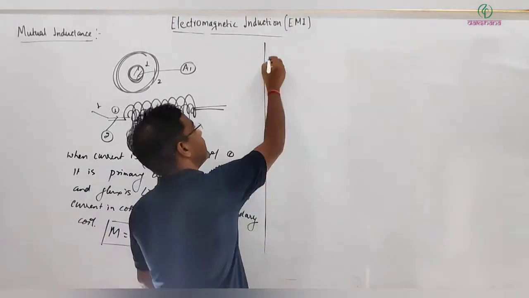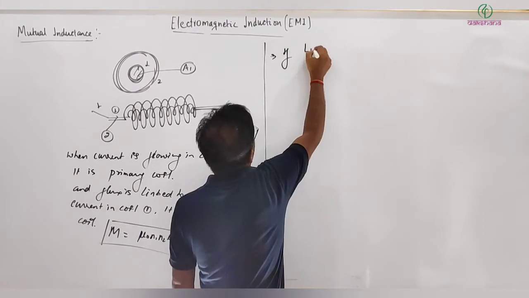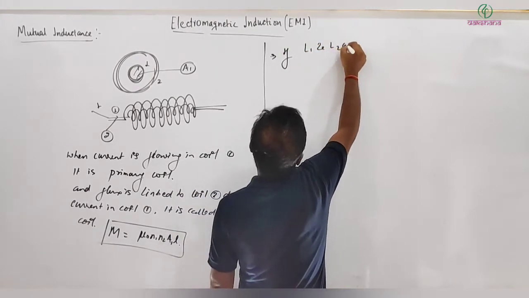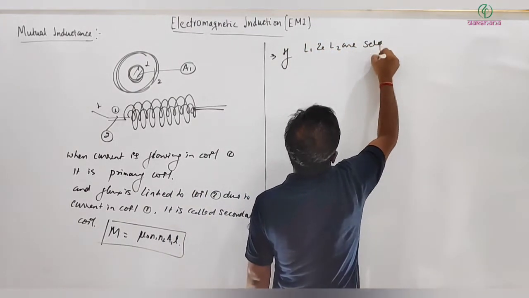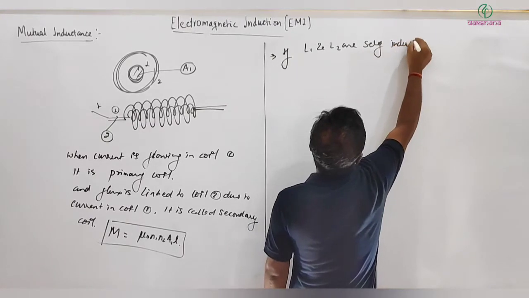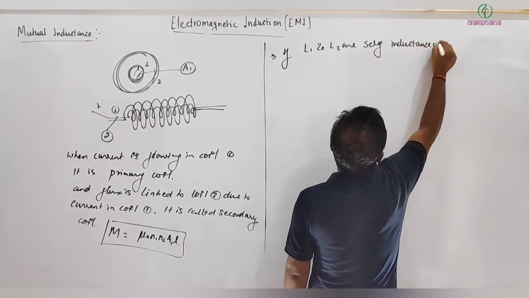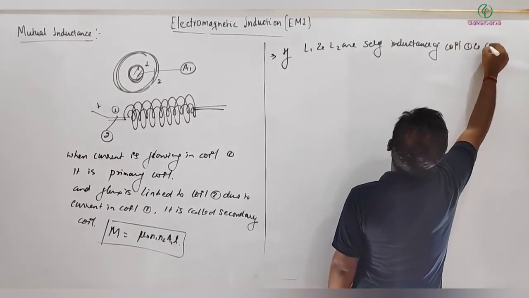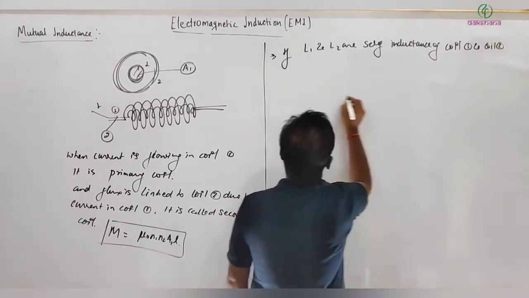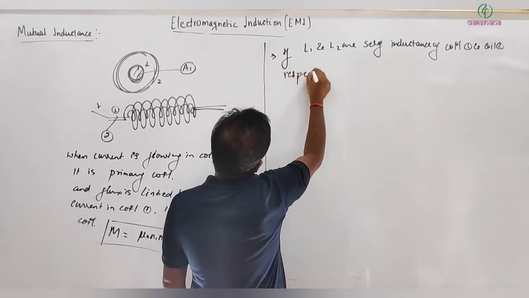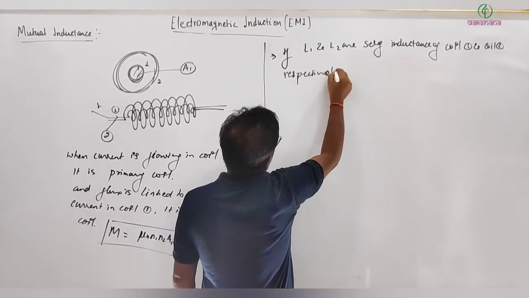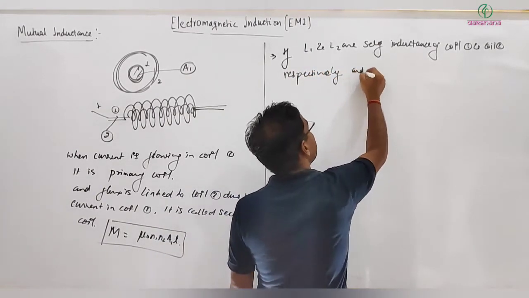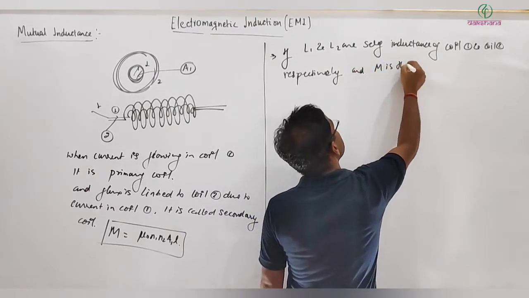Similarly, let L1 and L2 be the self-inductances of coil 1 and coil 2 respectively, and M their mutual inductance.